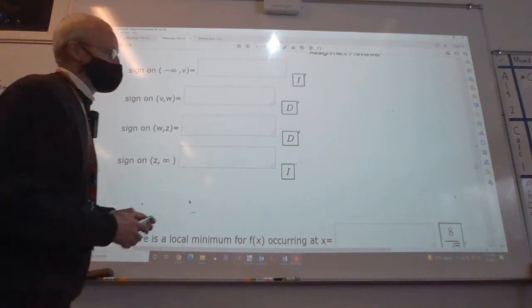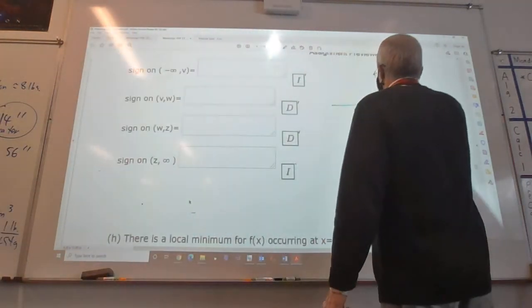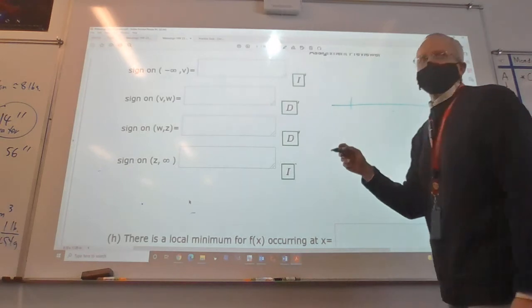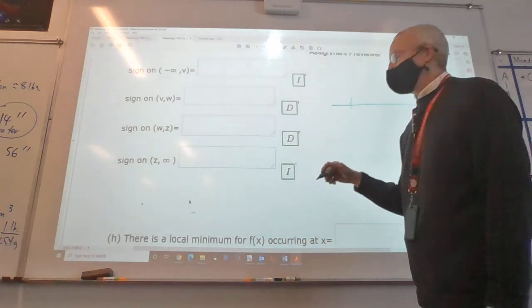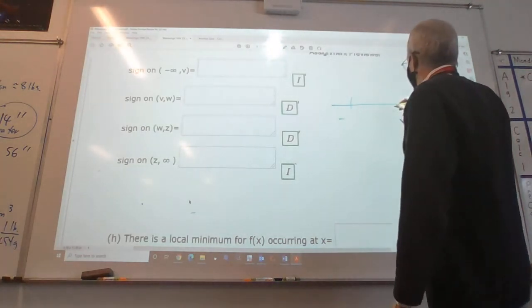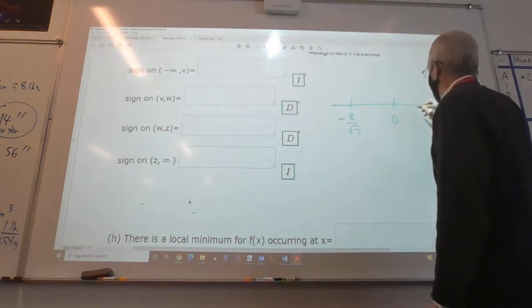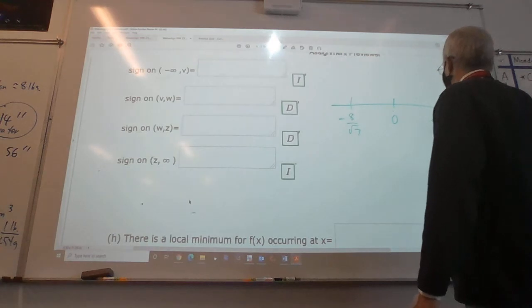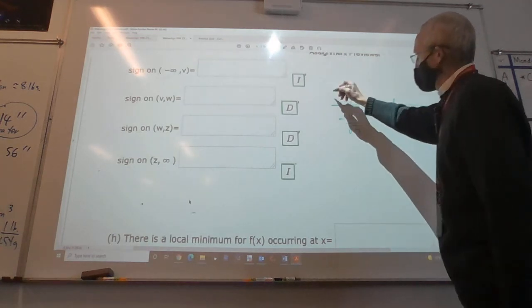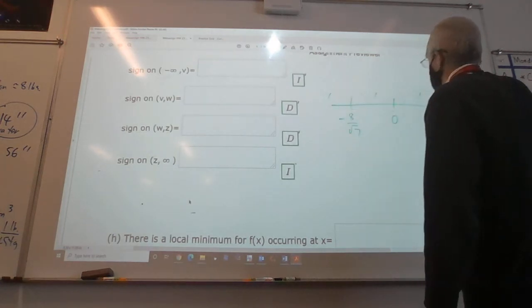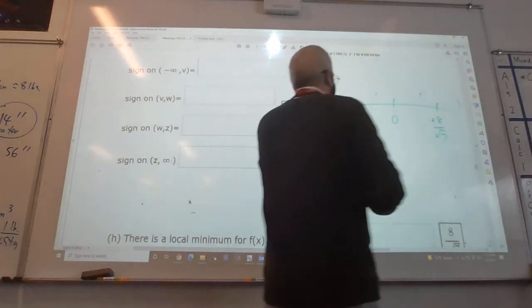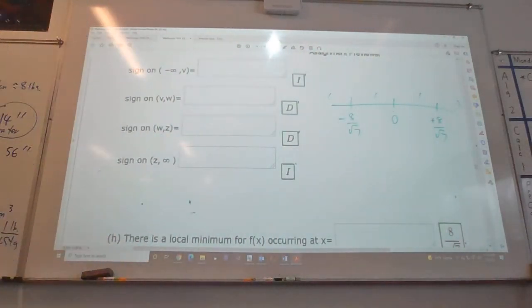So you make your number line, you put your numbers on it: negative 8 over square root of 7, then 0, and then positive 8 over square root of 7. You have to plug in a number in each section into the derivative and figure out if the derivative is positive or negative.